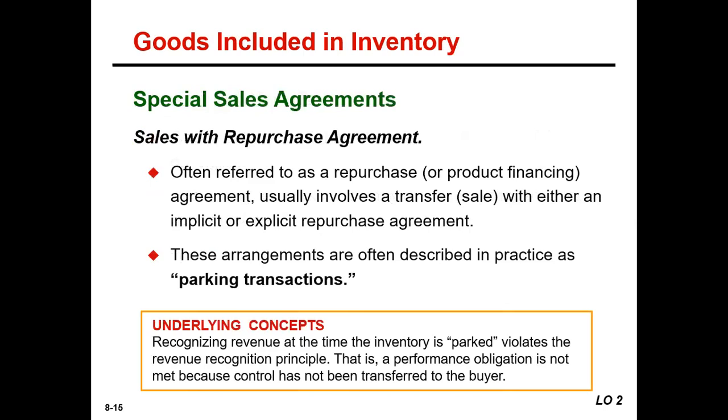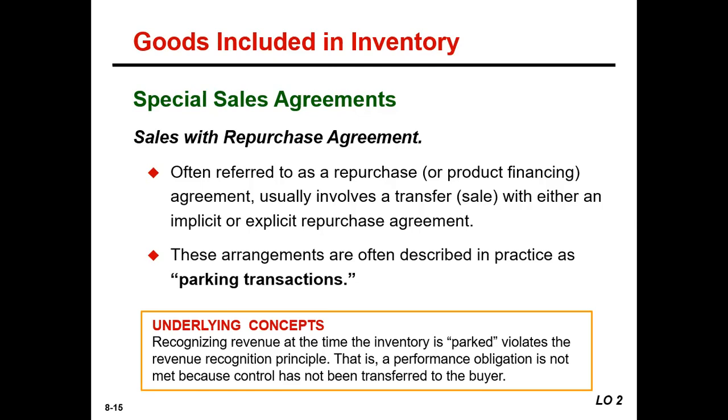All right, sales with special agreements, just like it shows here, this usually involves a transfer or a sale with either an implicit or explicit repurchase agreement. So just like it shows here, these are kind of referred to as parking transactions where I'll buy them, but then we have some type of provision in the contract that says they're going to be repurchased at this time, for example.